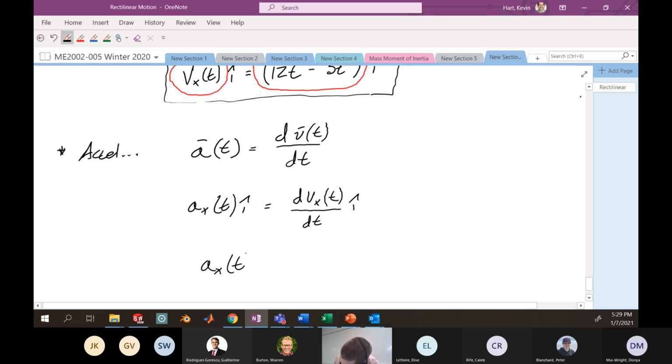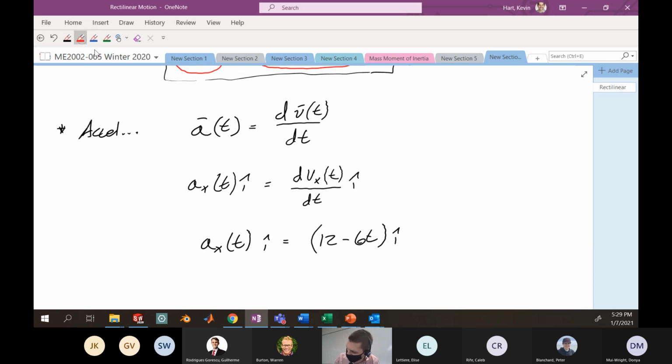My acceleration is going to be the derivative of this guy, which is just going to be 12 minus 6t in I hat. It's again written incorrectly in your notes. It's 12 minus 4t in your notes. I just put that in there to make sure you guys are paying attention. Well, at least I caught it.